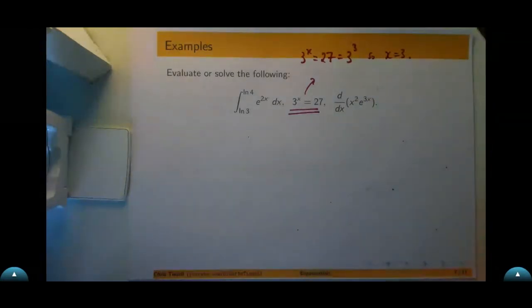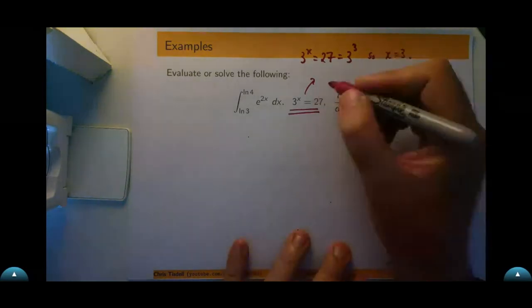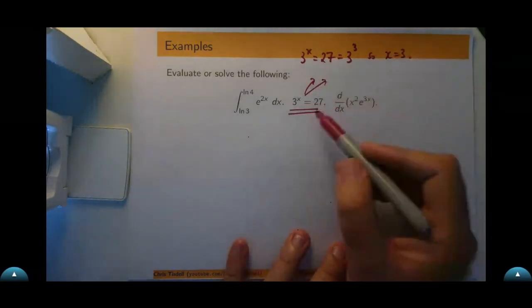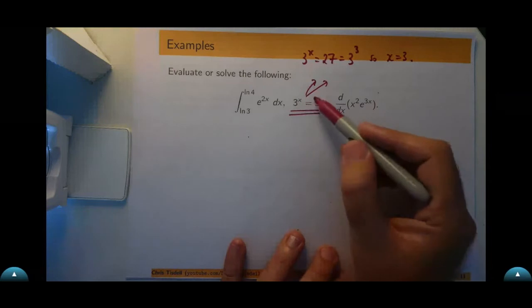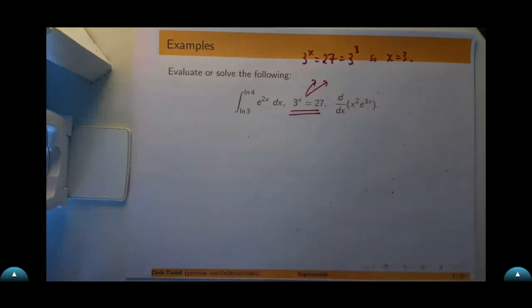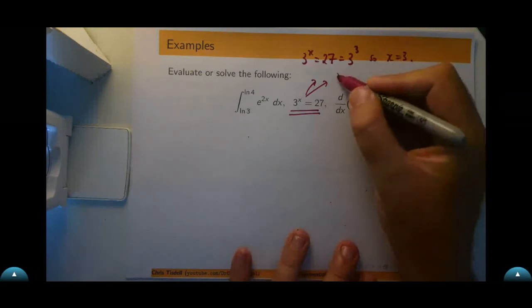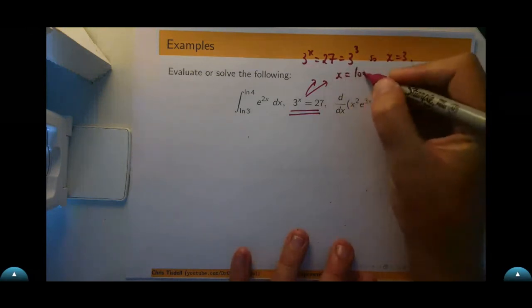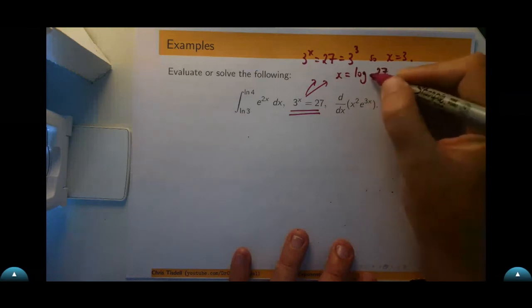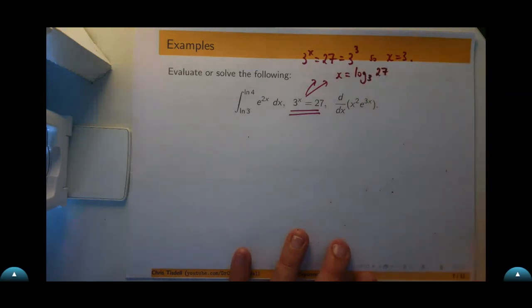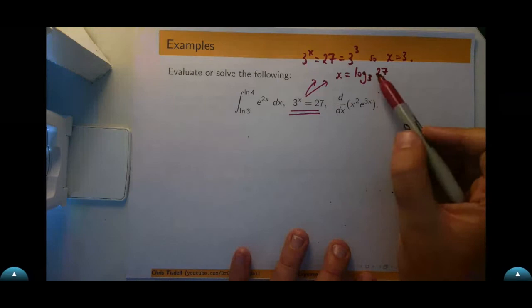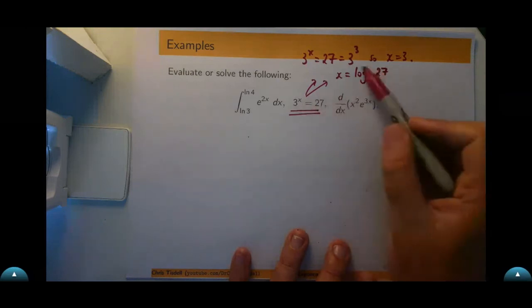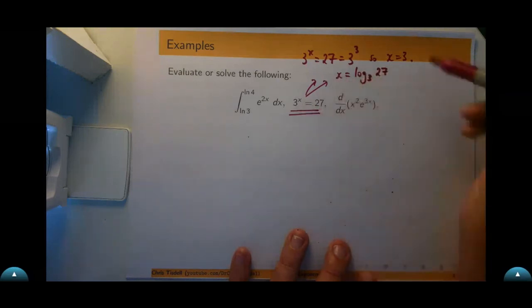Okay, so that's not a hard one at all, right? But you can also do it another way. You can say, right, 3 to the x equals 27. I'm going to take the logarithms of both sides. And what that means is x equals the logarithm of 27 to base 3. Okay, so this and this are equivalent.